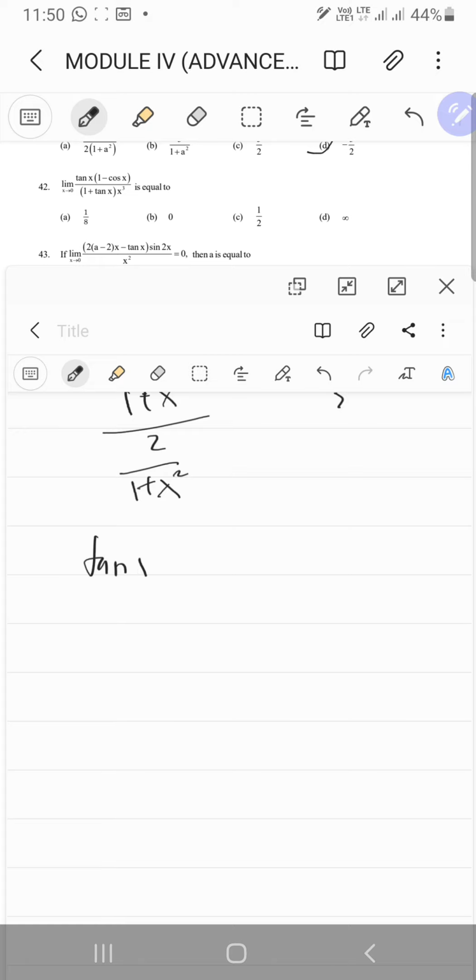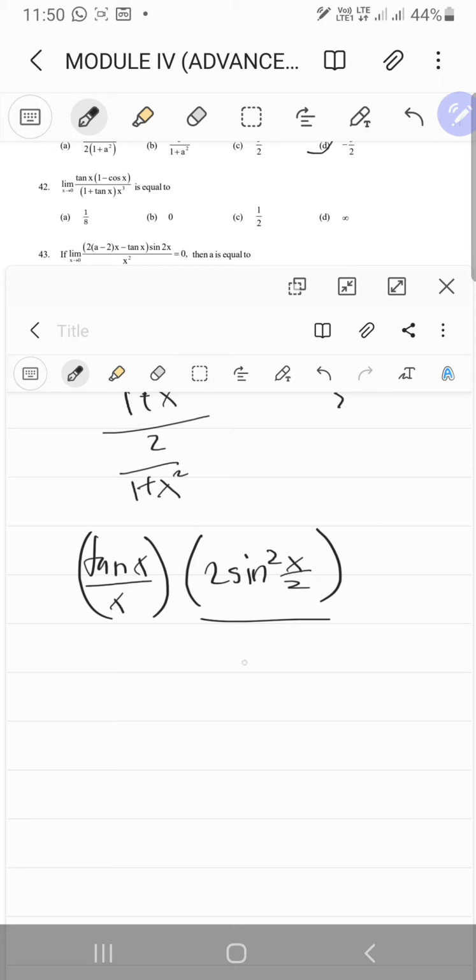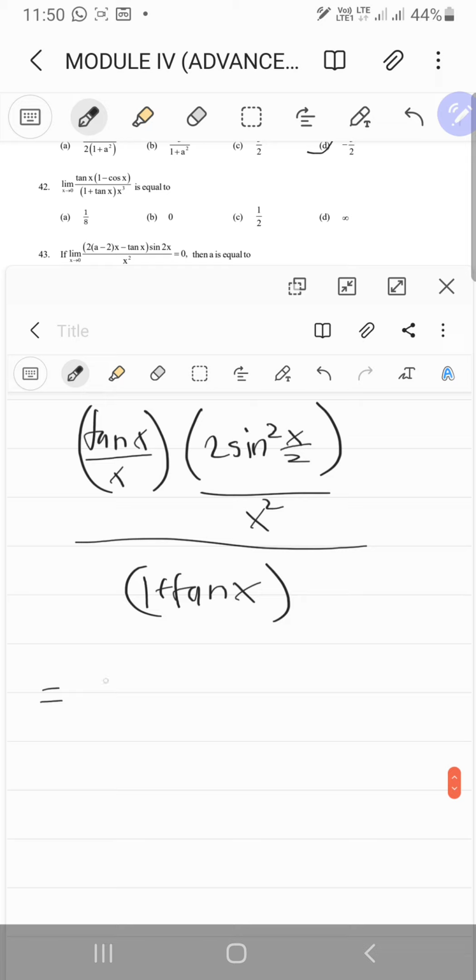So it's like tan x upon x, and 1 minus cosine x is 2 sine squared of x by 2 upon x squared. All of that upon 1 plus tan x. So this is going to be tan x upon x into, I think it's 1 by 2. Okay, wait a second. It's x by 2, so in that case you have 4.